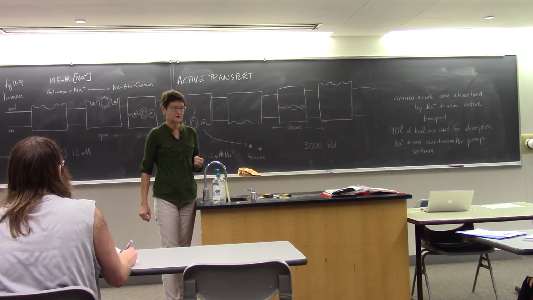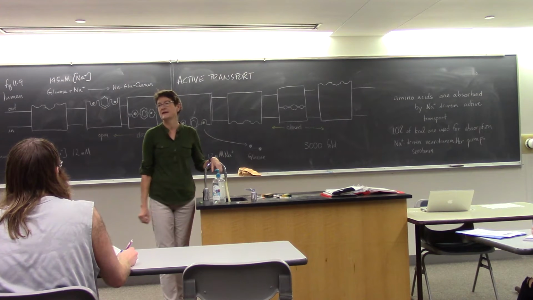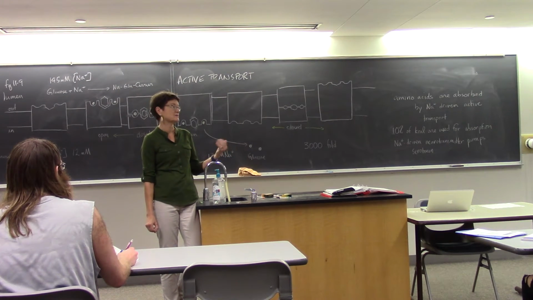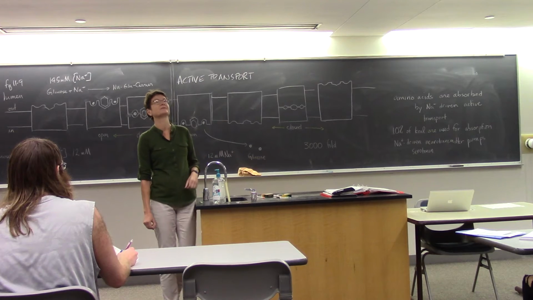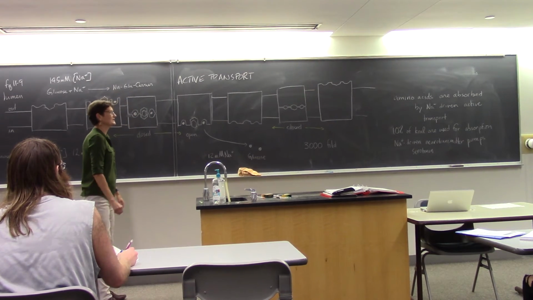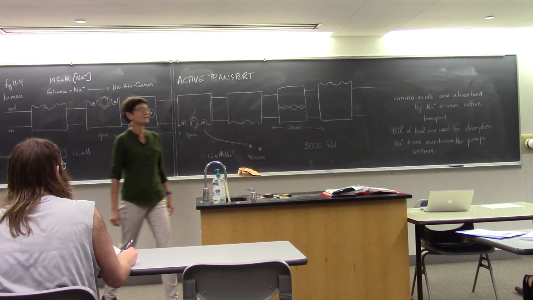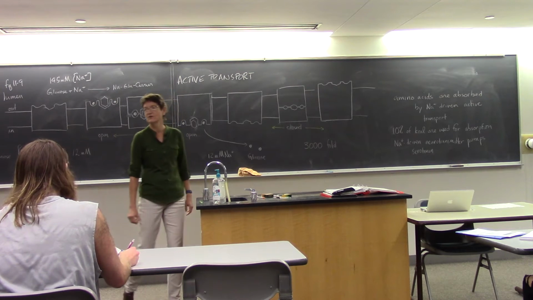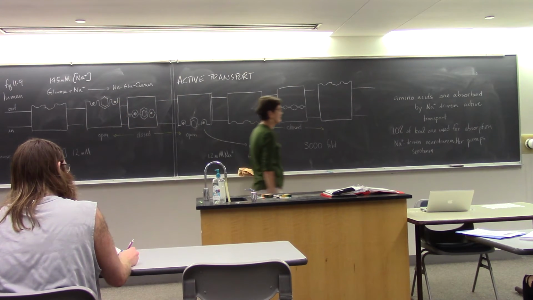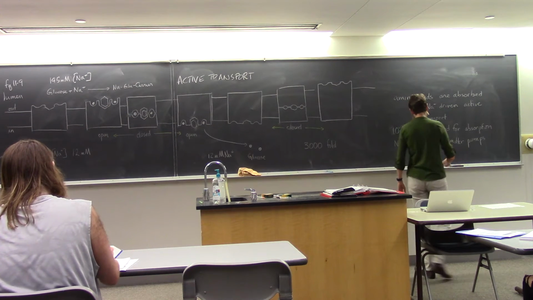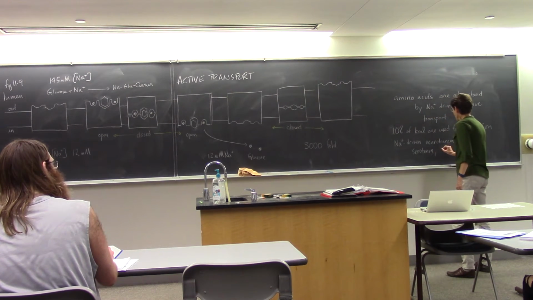Serotonin reuptake inhibitors block this particular sodium serotonin transporter. I think it is a symporter. Yeah, it is a symporter. So the serotonin reuptake transporter is a sodium serotonin symporter, and it is a target of the serotonin reuptake inhibitors.